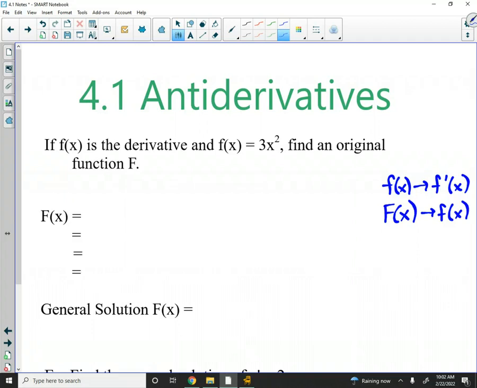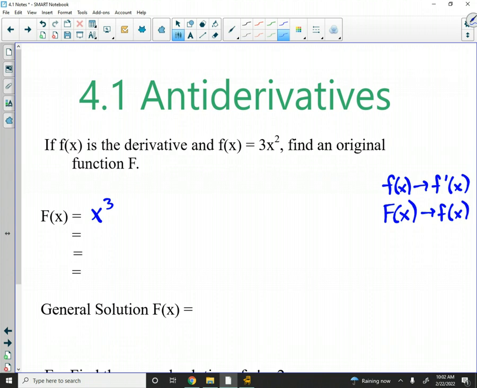Now let's actually think about what that would be. What would we derive to get 3x squared? X cubed. So the original function is x cubed.